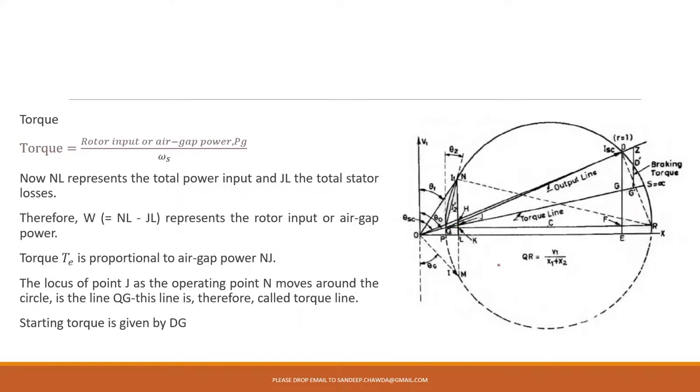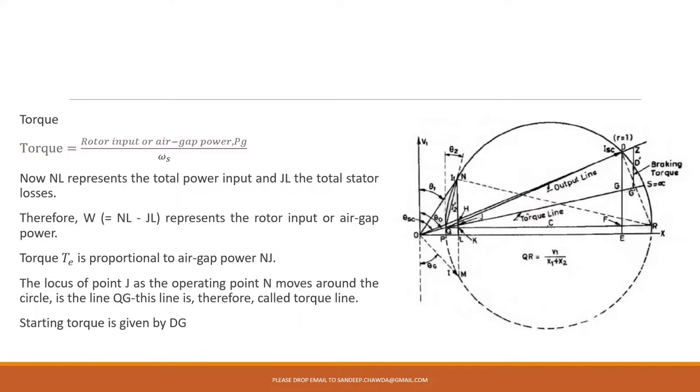Here the locus of point J, as the operating point we are considering N moves, is going to move on the circle. So the line QG, this one, is called the torque line. The line QG represents the torque line.